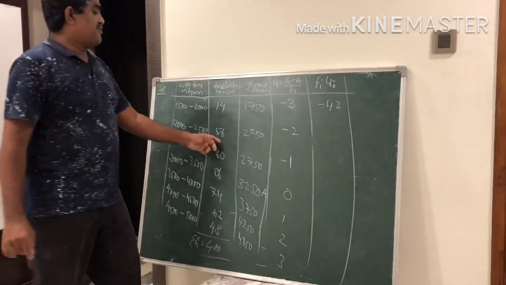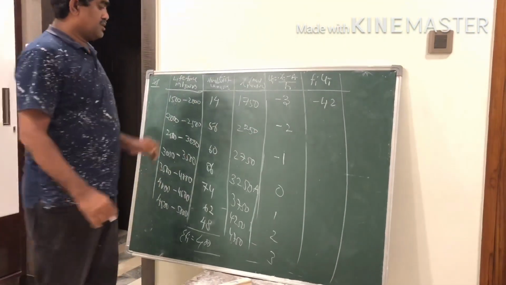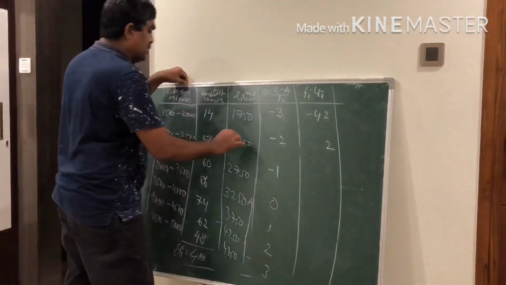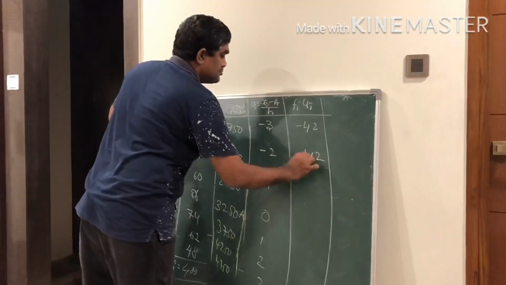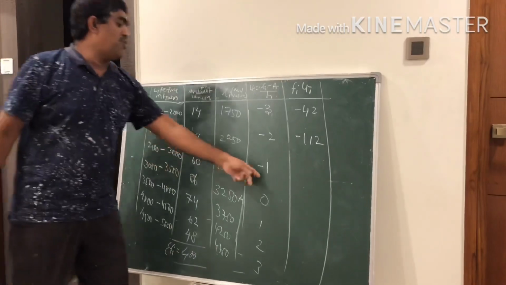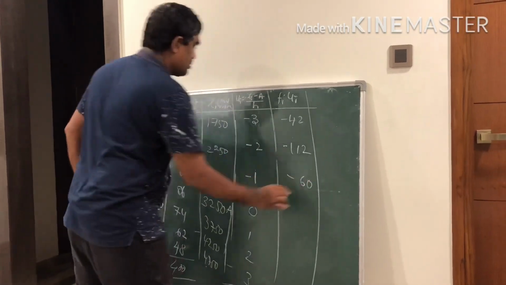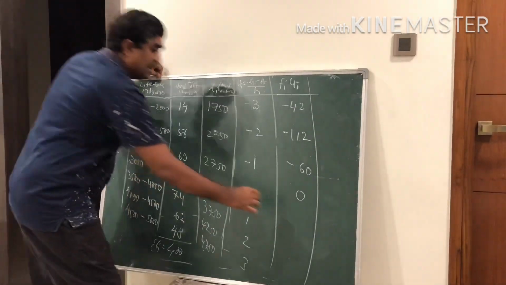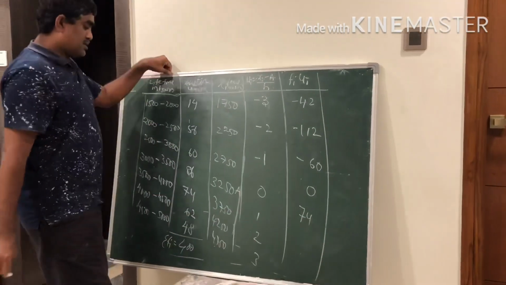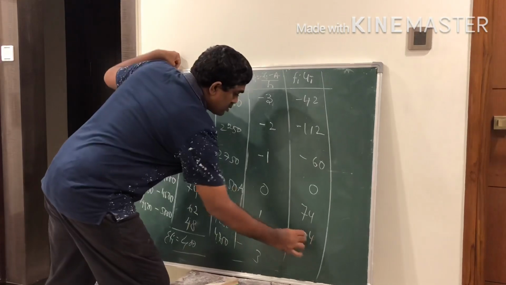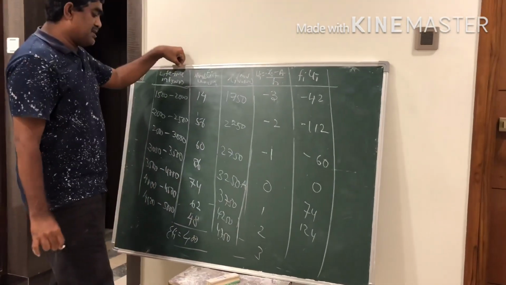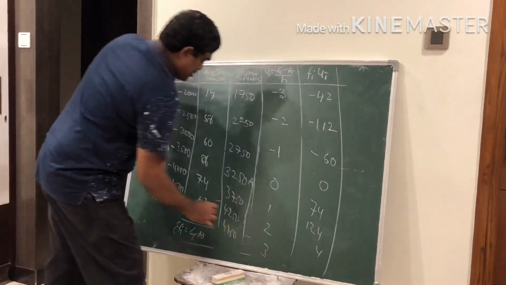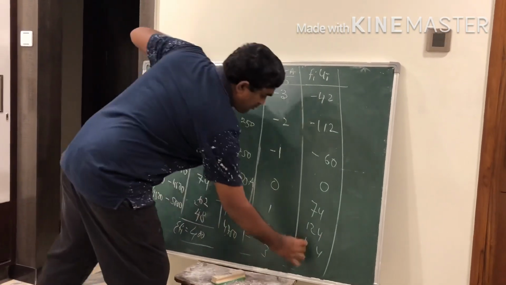Minus 56 into 2 is 112. Minus 60 into 1. 0 into 86 is 0. 74 into 1. 62 into 2. 48 into 3. 3 4 is 12, 144.